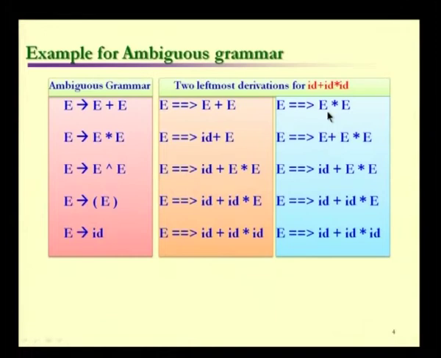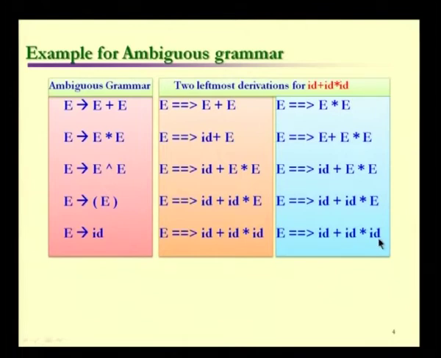In that case we will not be able to recognize the string id plus id star id. So we are forced to expand E to E plus E, and then as usual this E gets expanded by id, the next step this E gets expanded by id, and finally this E gets expanded by id. So we will have id plus id star id.